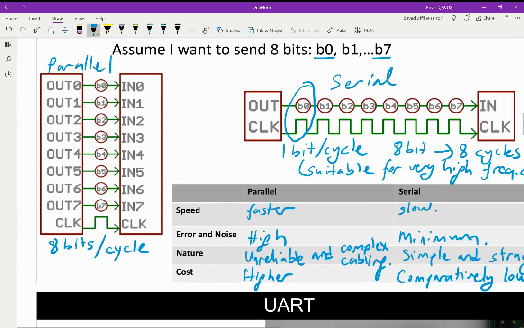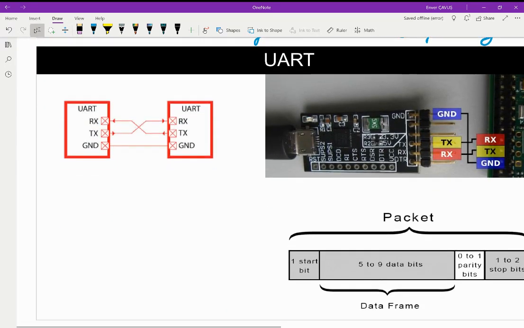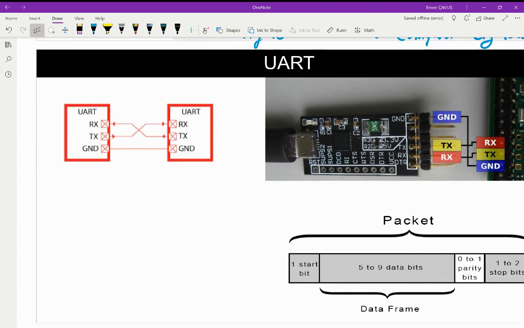So let's look at these serial interfaces that our microcontroller has. This is our UART interface. This might be, for example, microcontroller 1, and this might be microcontroller 2, and we might be communicating between these two microcontrollers. In UART we have these 3 lines.